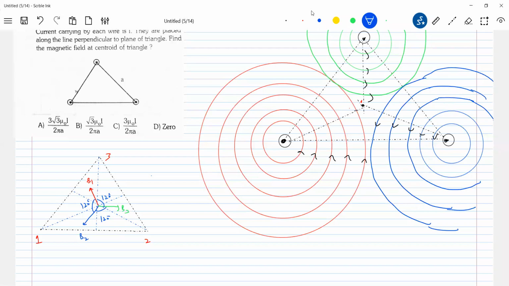And what about the magnitude? The length is the same. So the length, if you measure from A, take this as B, C, and let this be O. OA is equal to OB equal to OC. So magnitudes are equal. So therefore, what is the resultant field? Will be 0.